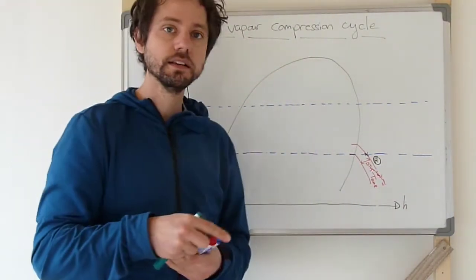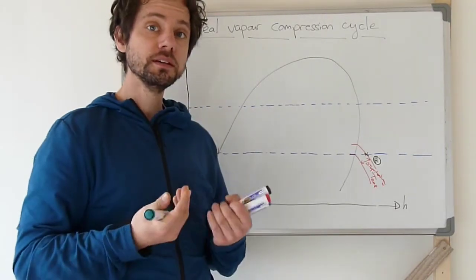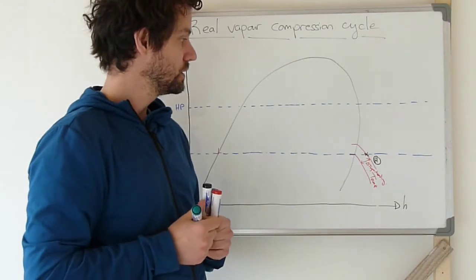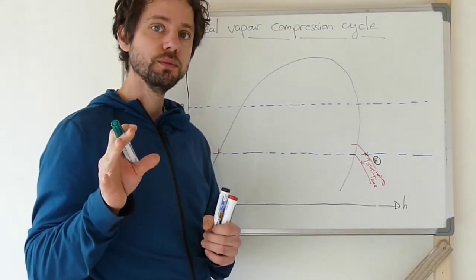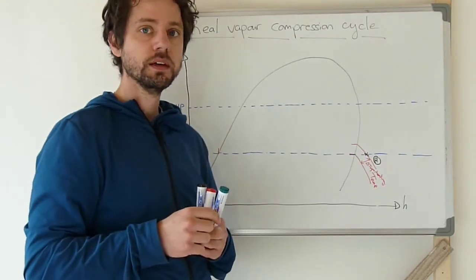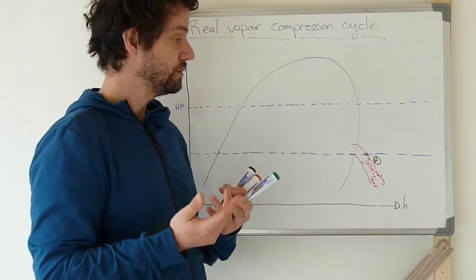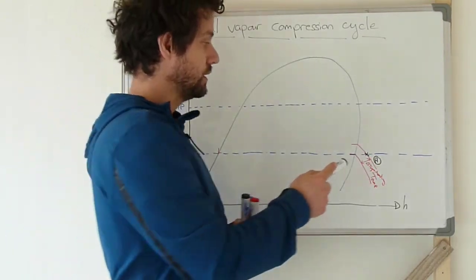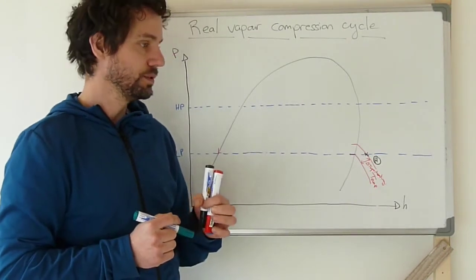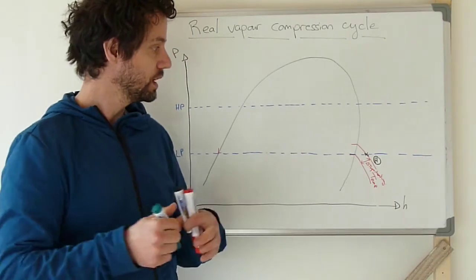Then the next step is plotting point B, the outlet of the compressor. In order to find point B, we'll first look for point B_s, which corresponds to the outlet of the compressor we would have when compressing from point A with an adiabatic reversible compression to the high pressure.